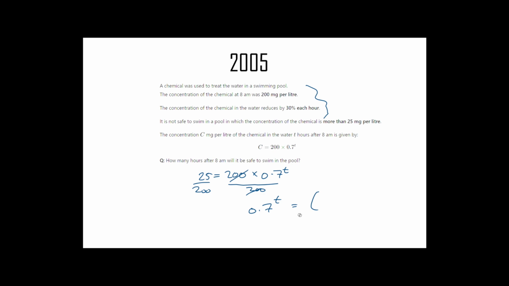Oh, it's late in the night. Yeah, 1 over 8, which is 0.125. Okay, so let's take the log of both sides. When we do that, the t comes out the front.